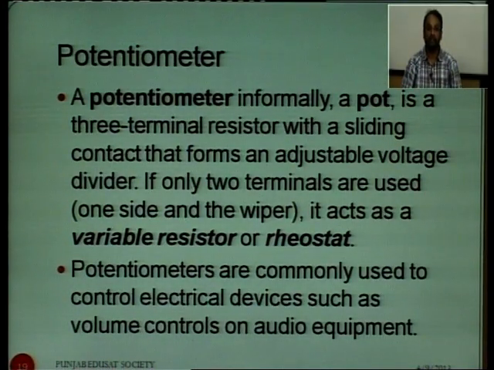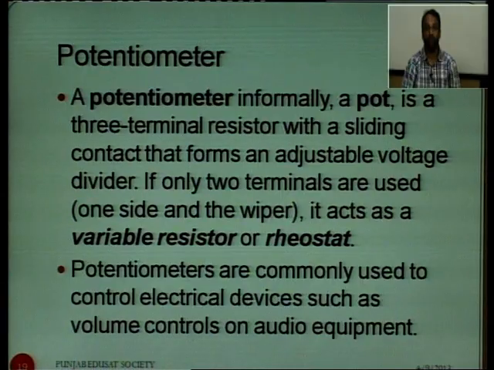A potentiometer, generally known as a pot, is a 3-terminal resistor where one of the terminals is sliding, that gives an adjustable voltage divider. So, a potentiometer is a 3-terminal device. Out of these 3 terminals, 2 are fixed and one is a sliding contact.